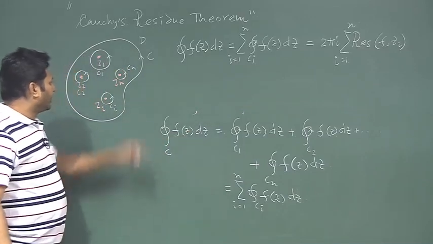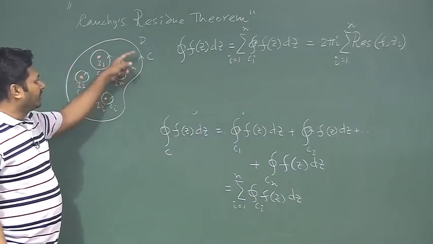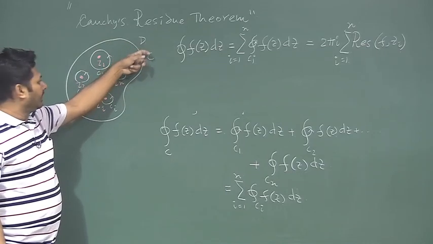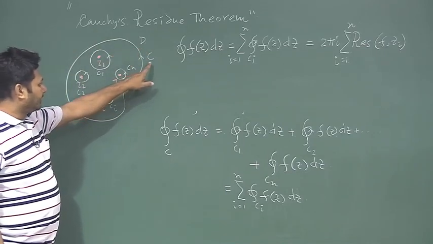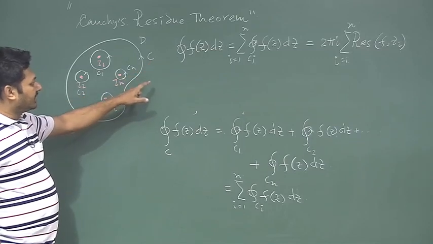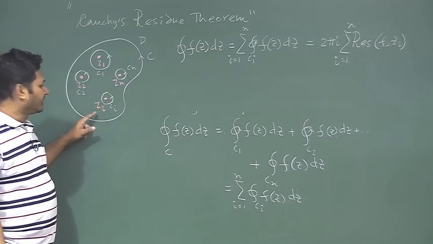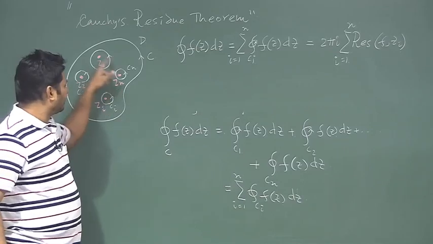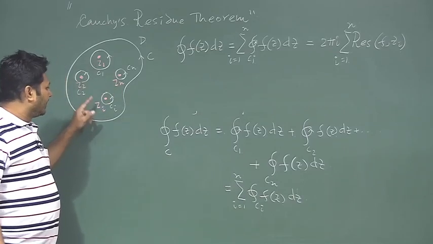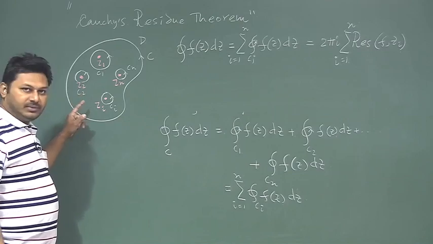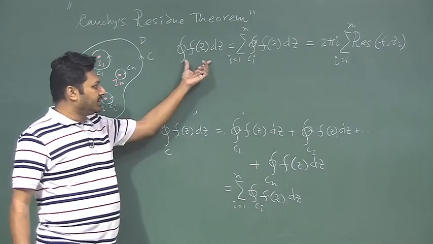Let us understand once again. We have a region D bounded by some simple curve C. The function is analytic except at these points, which are singular points. Even if singular points are present, I am able to evaluate the total integral.